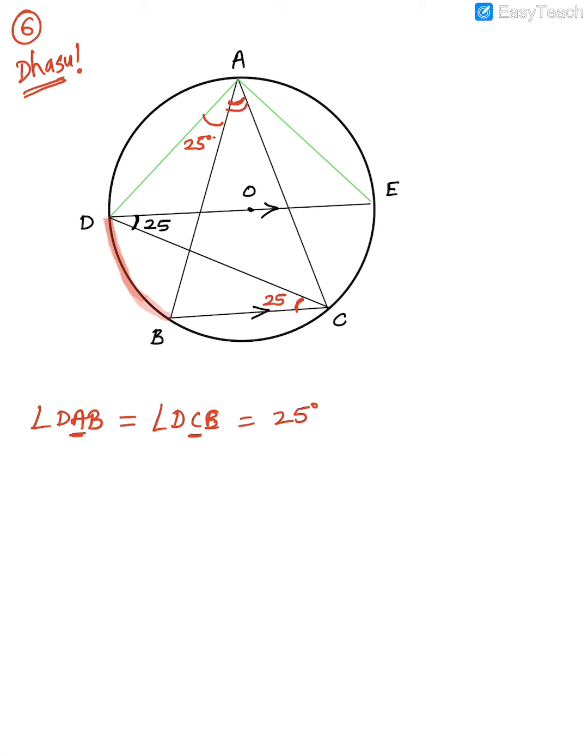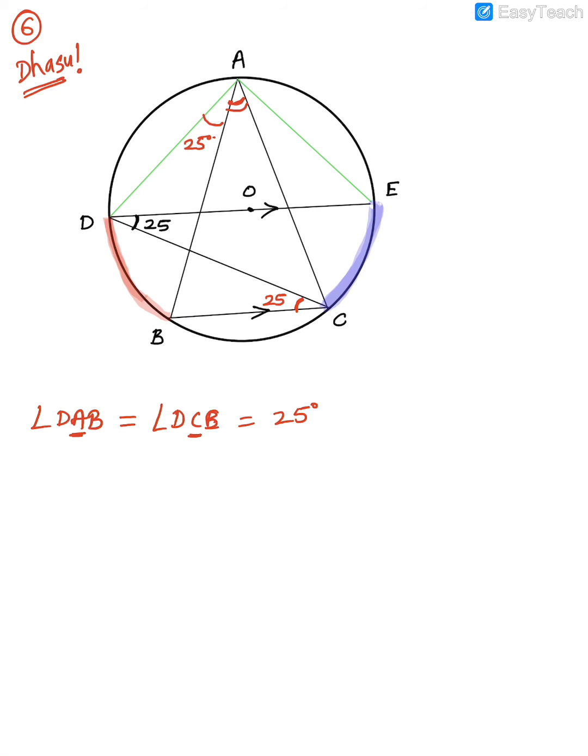Now same way there is another arc CE. This is the other arc CE here. Now what angles are opposite the arc CE? So one angle is here, another angle is here. So the angle at the circumference is 25 degree, and those two angles are 25 degree here.